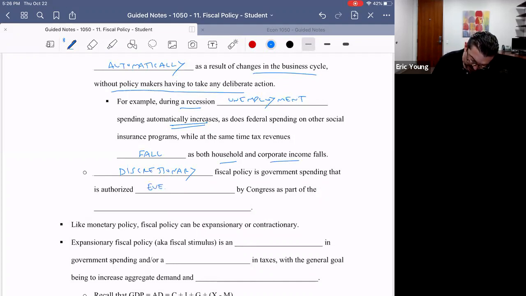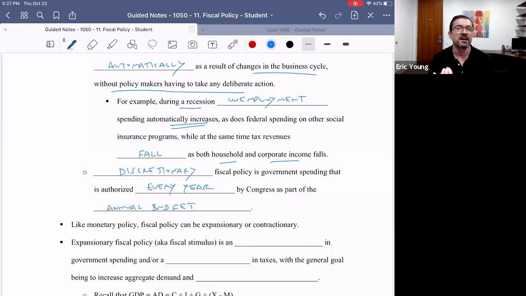So discretionary spending is authorized every year by Congress as a part of the annual budget. So basically every year, Congress has to pass as a law the nation's budget. And that budget planning process is pretty long and pretty intense.